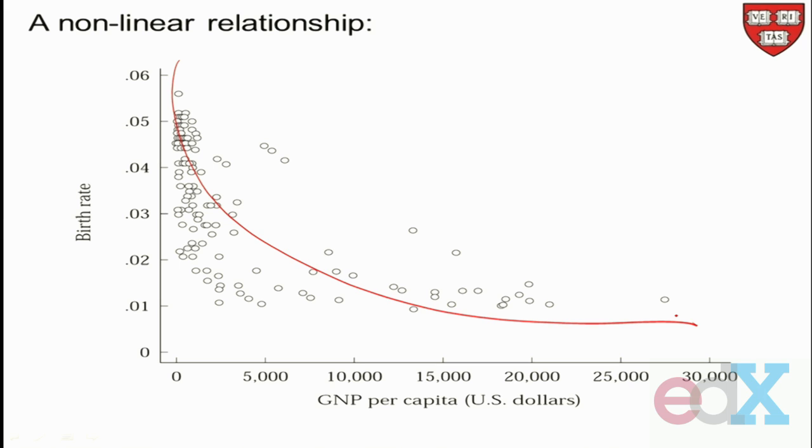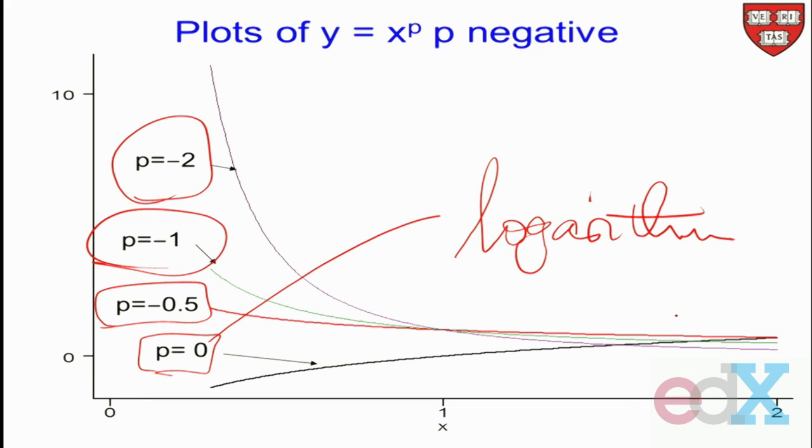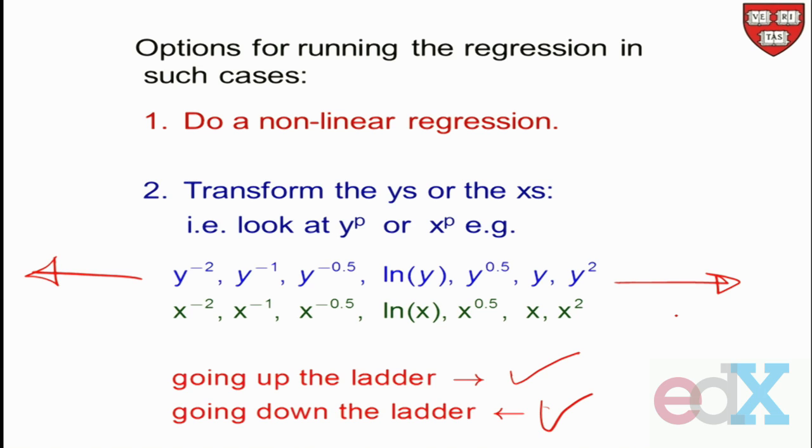Then what we might be able to do is take advantage of a transformation like this and see if that straightens it out for us. So for example, go up and down the ladder, either on the x or the y, until you reach something that looks kind of like a straight line.